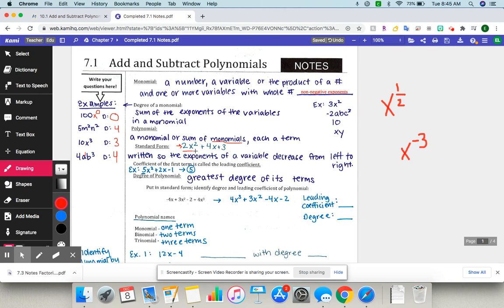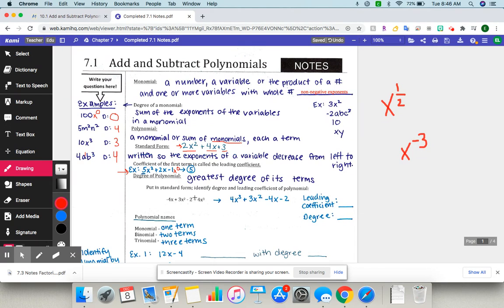So one term is 2x squared, another term is 4x, and the last term is 3. We generally write polynomials in standard form. This just means that it's written so the exponents of a variable decrease from left to right. So, for example, notice we have x squared, 2x, and then minus 1, but really that's x to the 0 power.